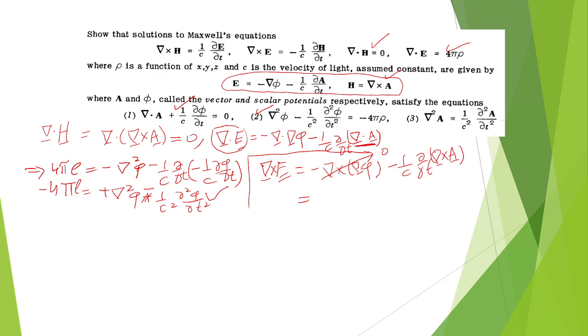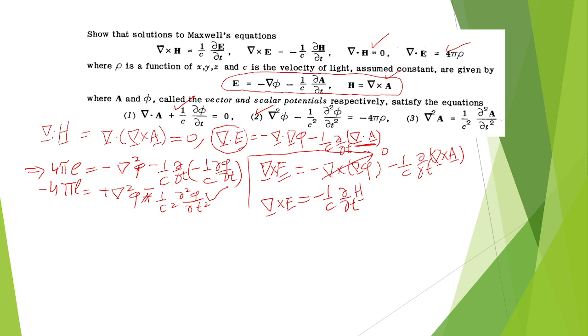And what is curl of A? Curl of A is H. So I am left with minus 1 over c partial by partial t of H, and that is the curl of E. So this E satisfies this equation.